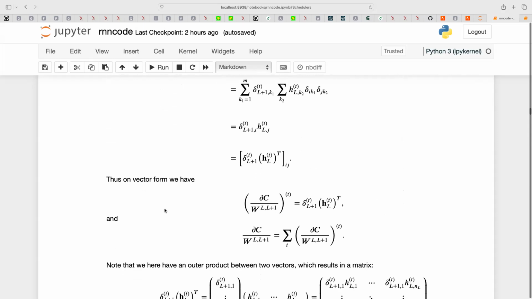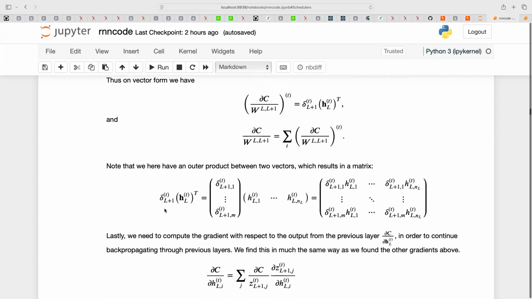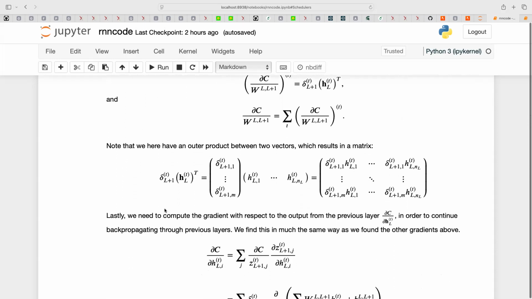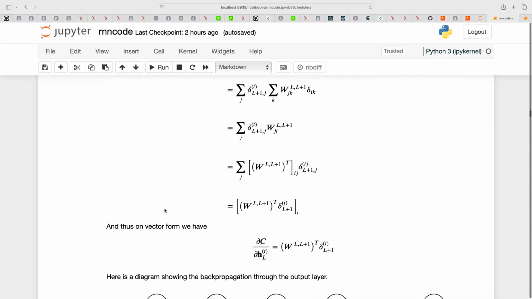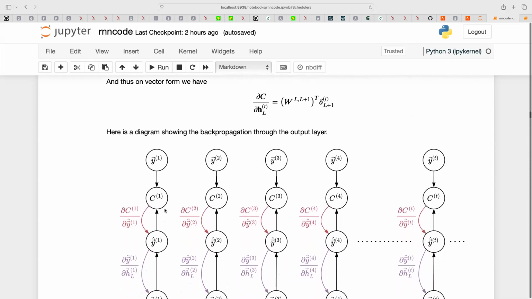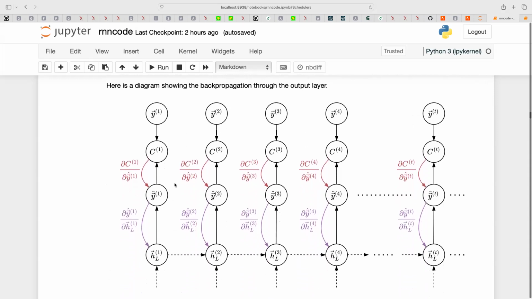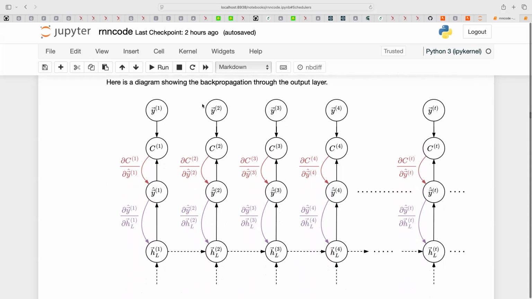But anyway, this is not the most exciting thing, but I've collected all these terms so you see the equations which we are going to implement in the codes. I'm going to skip some of these things here because it's not so exciting to look at all these equations. But here is a type of diagram which shows the back propagation through the output layer.